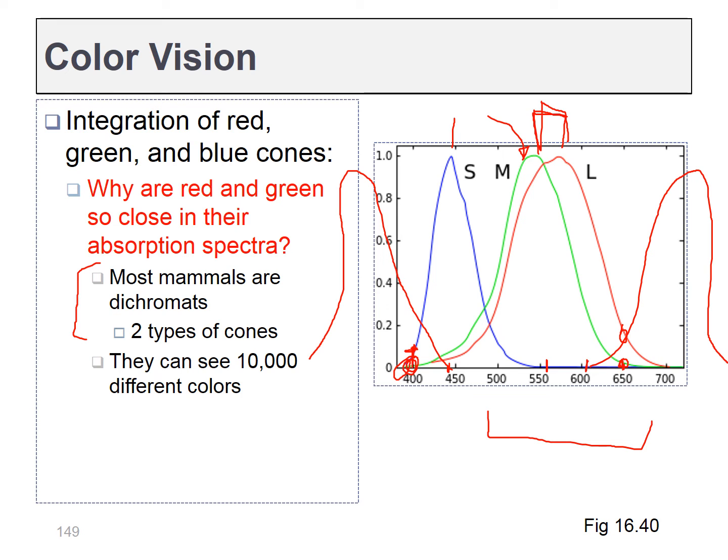But we've got this 3rd cone that's smack dab in the middle. It doesn't allow us to see longer wavelength or shorter wavelength colors. It allows us to differentiate between some of these wavelengths with a higher degree of accuracy. So what does that mean?